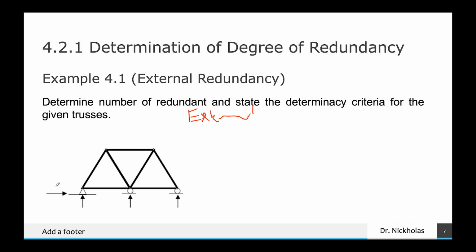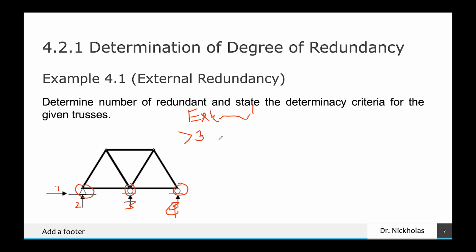We have a pin connection at this part, a roller connection at this part, and a roller connection at this part. We have roller supports at these two parts, and we have pin supports at these two parts. At a pin we know that we have two unknown reaction forces. So we have 1, 2, and the total number of unknown reaction forces is 4, which is greater than 3.